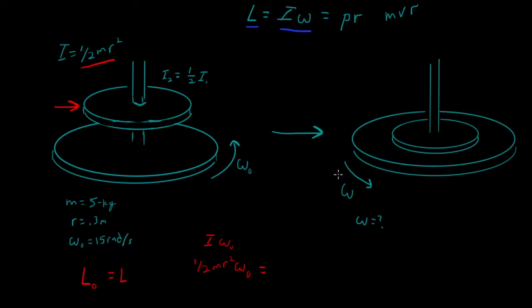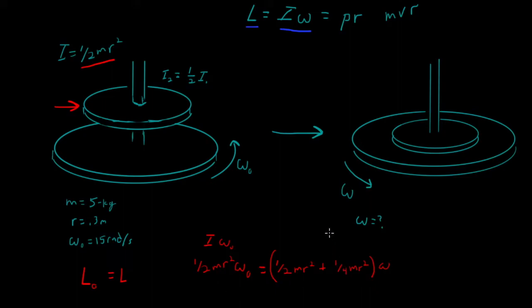Well, that's going to be the moment of inertia of both of the disks combined, which is going to be this I, which was 1/2 mr squared, plus, and we have the definition here, the second disk has 1/2 of that moment of inertia. So it'll be plus 1/2 of 1/2, which is 1/4, and then it'll still just be mr squared. We'll use the same variables for that because everything else will be the same, just scaled by that 1/4. And then all of that times my angular velocity.